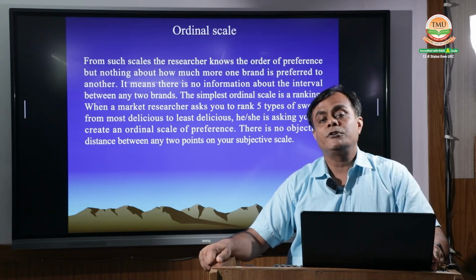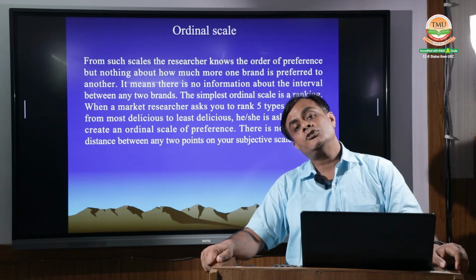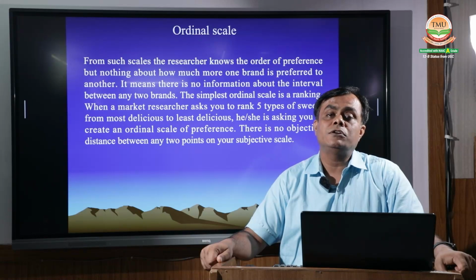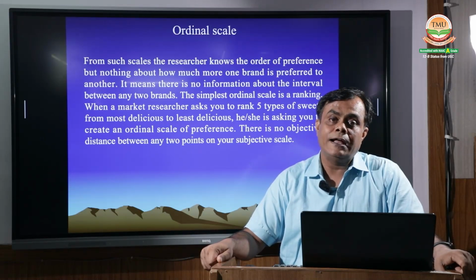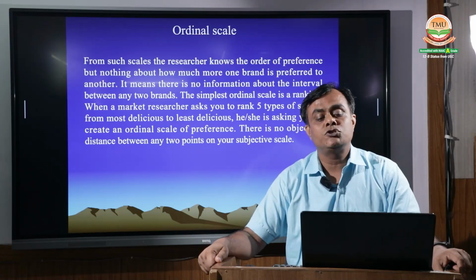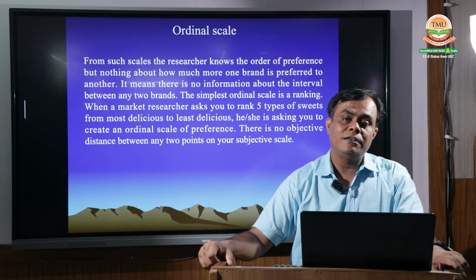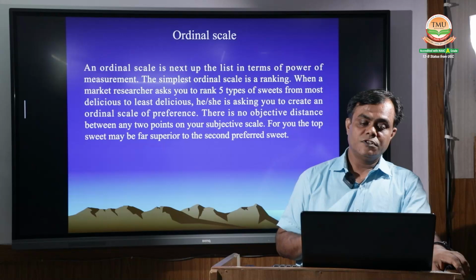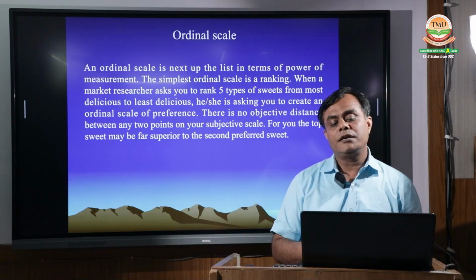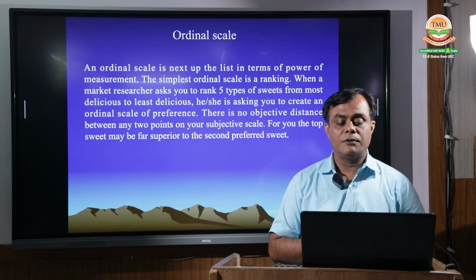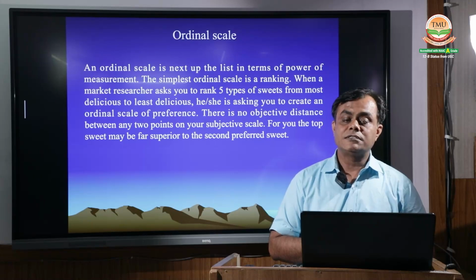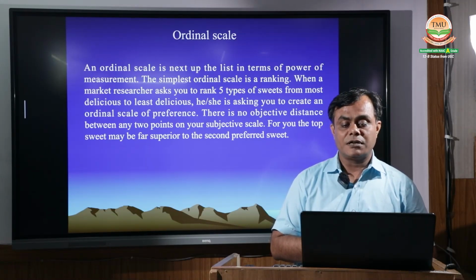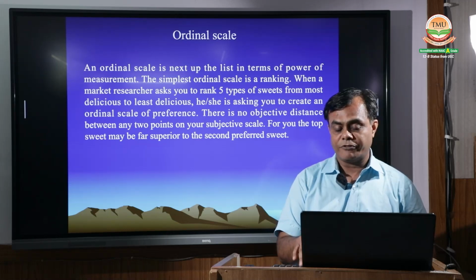That depends upon your preferences, and those preferences are not measured on the basis of numerical value; they are measured on the ranking scale, and that type of ranking scale value is known as ordinal scale measurement. An ordinal scale is the next up the list in terms of the power of measurement, and the simplest ordinal scale is ranking, when the market researcher asks you to rank preferences.